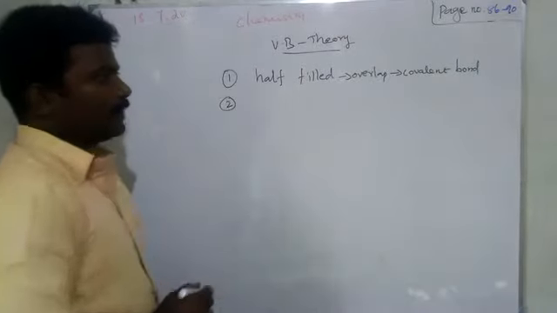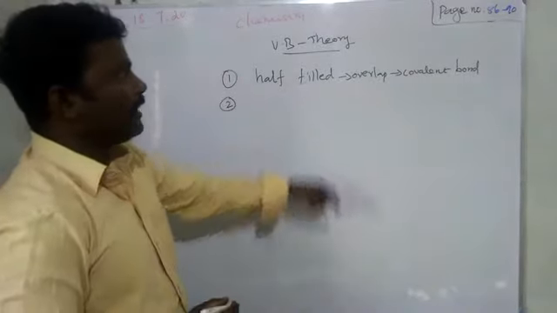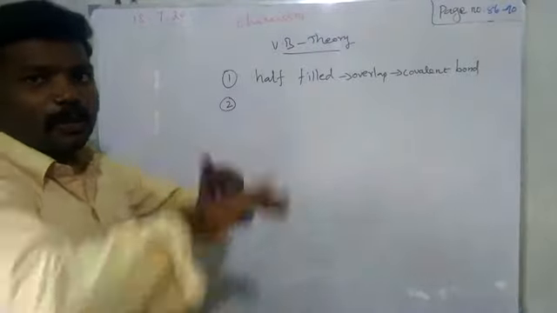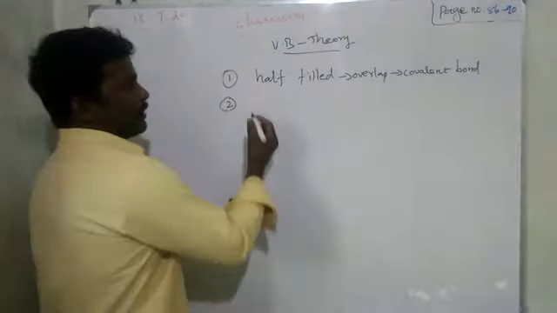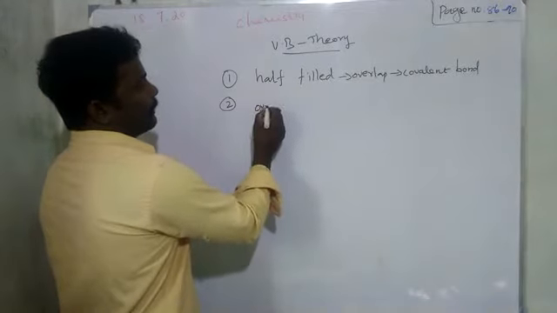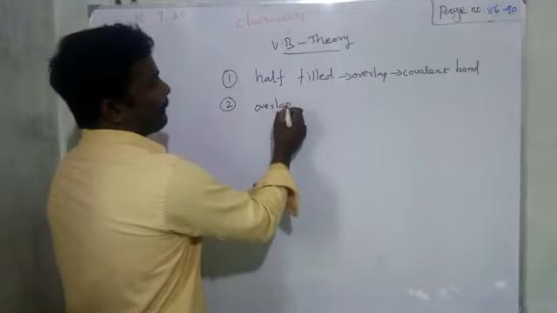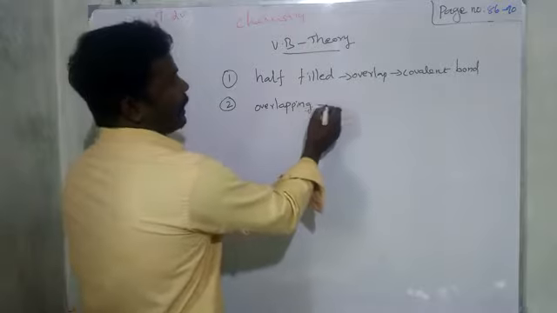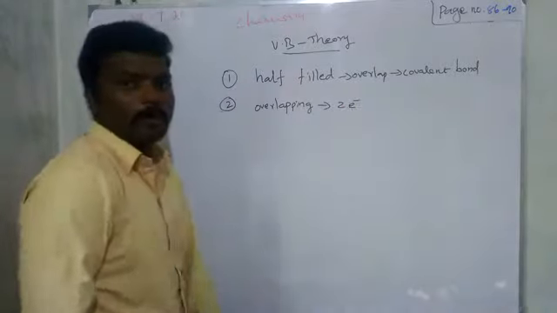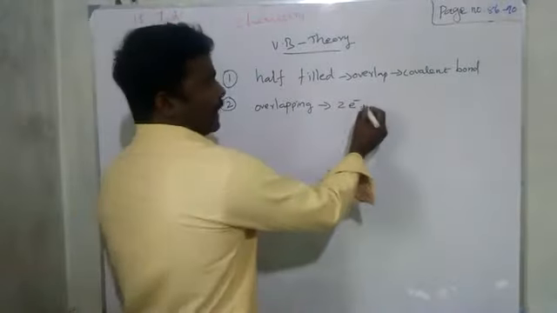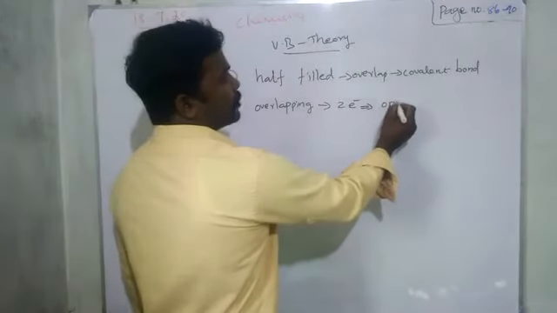Second point, the half-filled orbitals undergoing overlap give overlapping orbitals that will occupy two electrons. The overlapping orbital has two electrons, and the two electrons should be in the opposite spin.